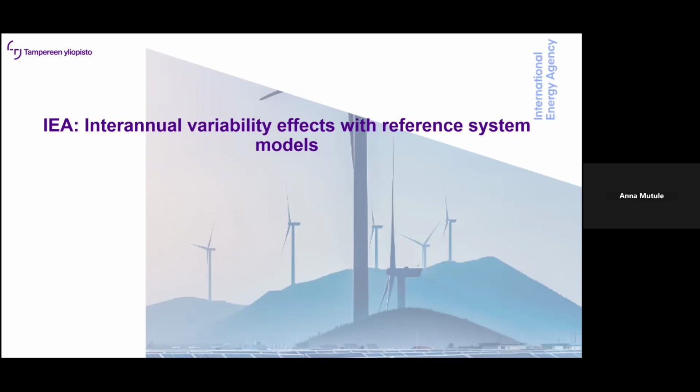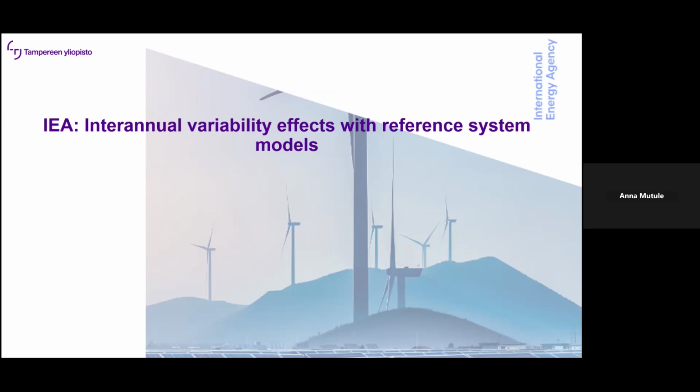Another example from the International Energy Agency, where VTT also took an active role. This work focused on understanding the effects of interannual variability, such as the changes in weather patterns from year to year, on energy system performance.